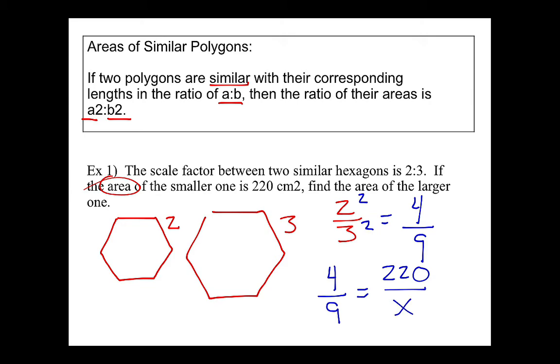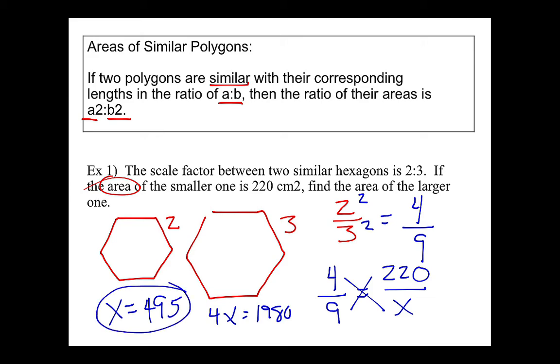So now I'm going to solve this equation by simply cross multiplying. 9 times 220 is 1980. And 4 times x is simply 4x. So when I divide that 1980 by 4, I find that the area of the larger one, x, should be 495. And if I compare that, 220 compared to 495, that should be in a ratio of 4 to 9, and it is. That's the whole idea for today's lesson.